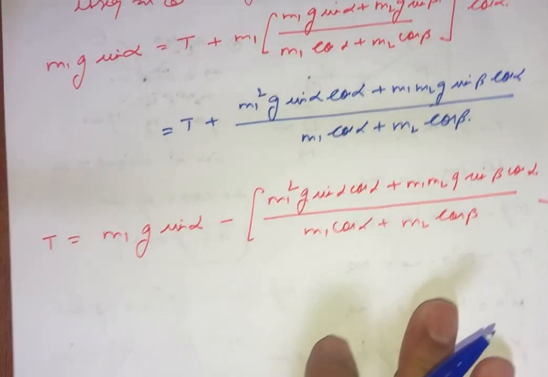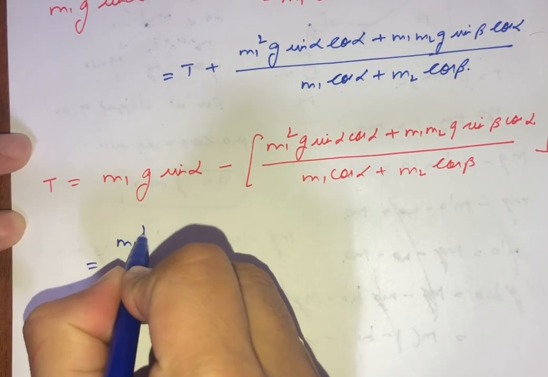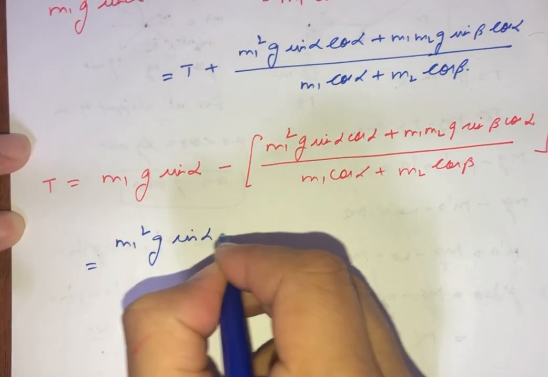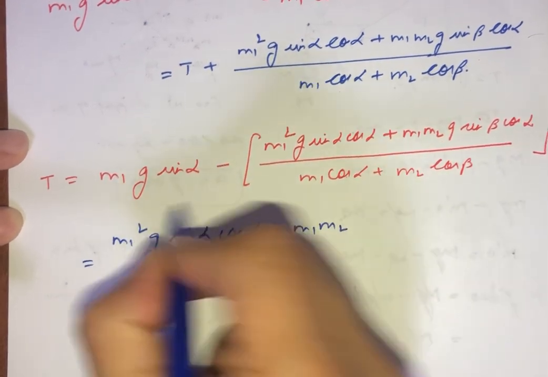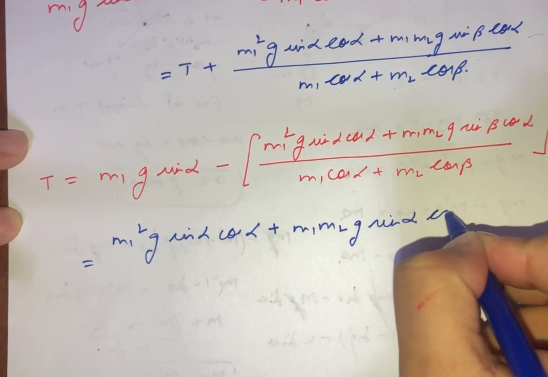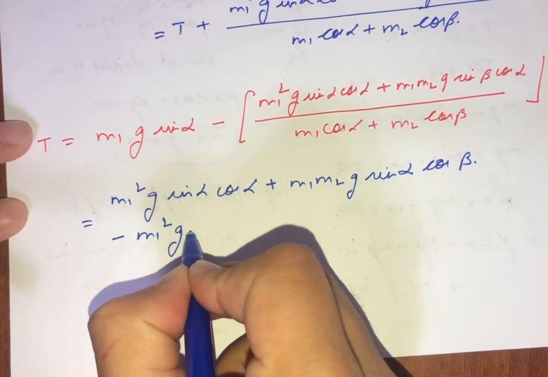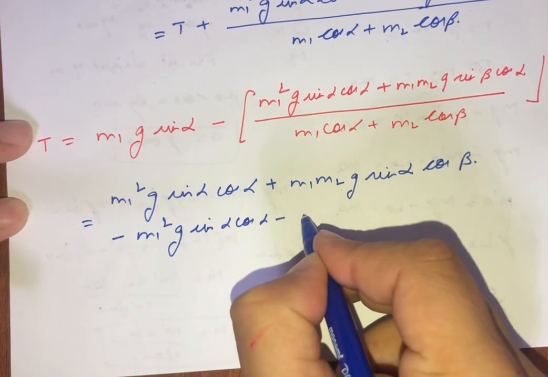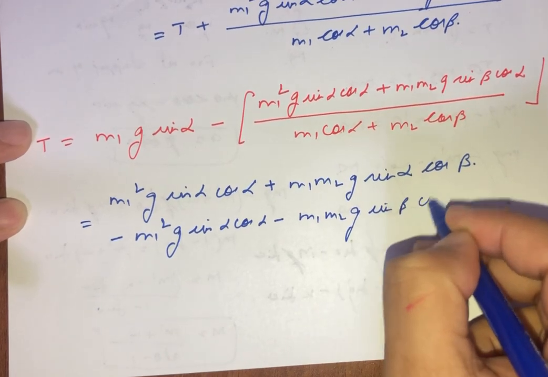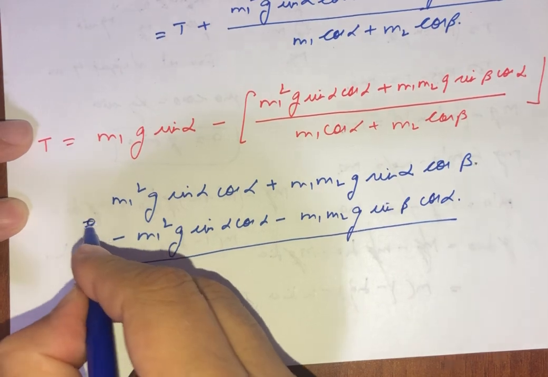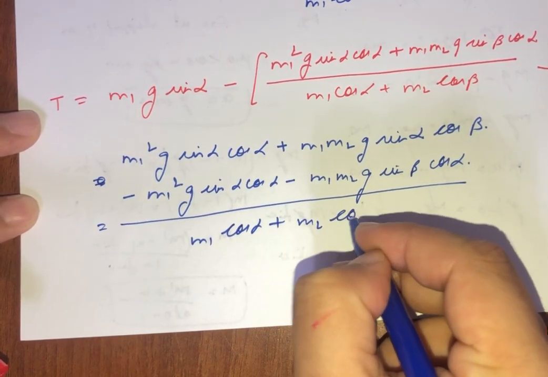Now taking the LCM, we get m1 square g sin alpha cos alpha plus m1 m2 g sin alpha cos beta minus m1 square g sin alpha cos alpha minus m1 m2 g sin beta cos alpha, and the whole divided by m1 cos alpha plus m2 cos of beta.